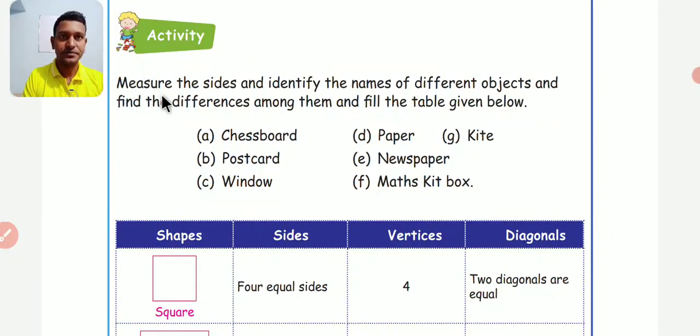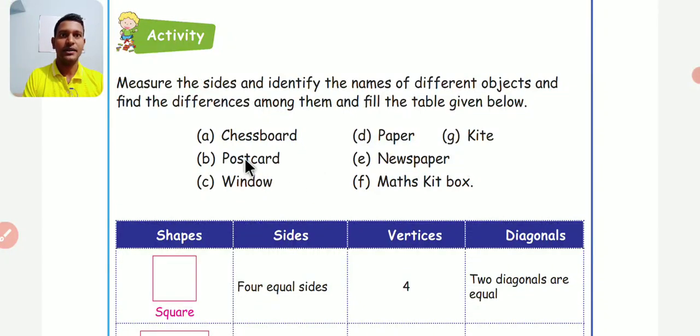First one, measure the sides and identify the names of different objects, find the differences among them and fill the table given below. Here they are giving some objects. We have to measure that value.